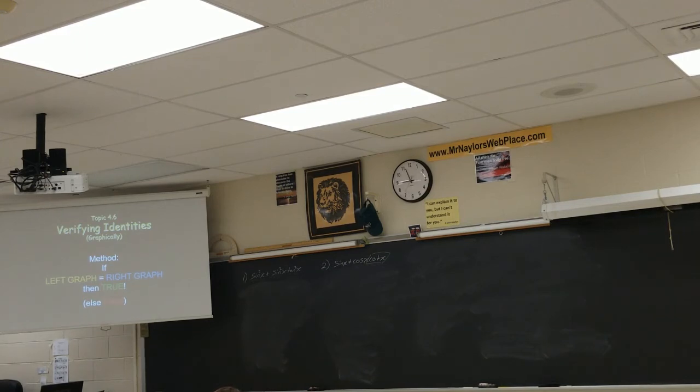Here's the method, and then I'll show you the problem. And the method is actually really simple, because the method just requires us to look at a left graph and a right graph. If they are equal, make sure you see the equal sign, because sometimes people don't realize what I'm trying to say here.